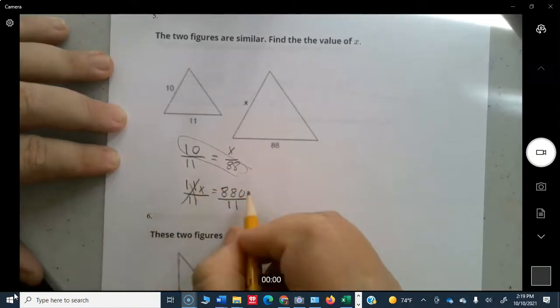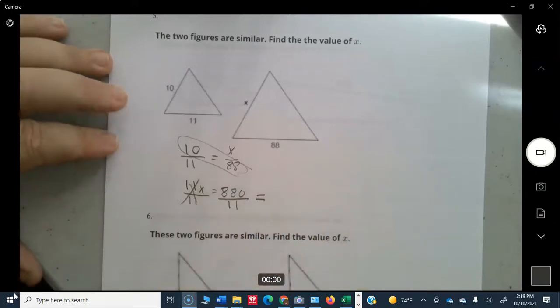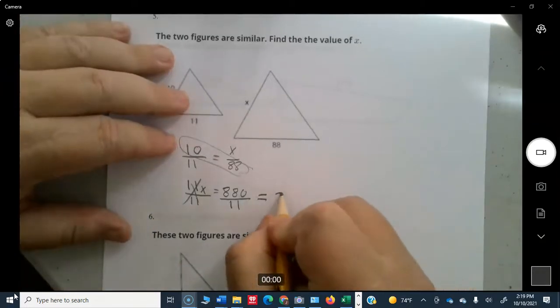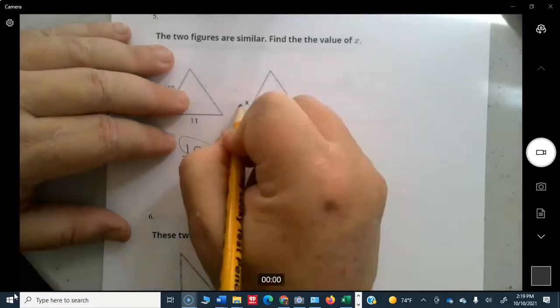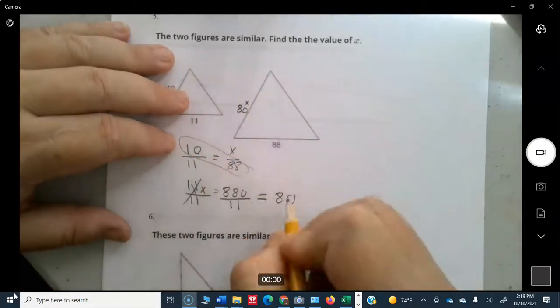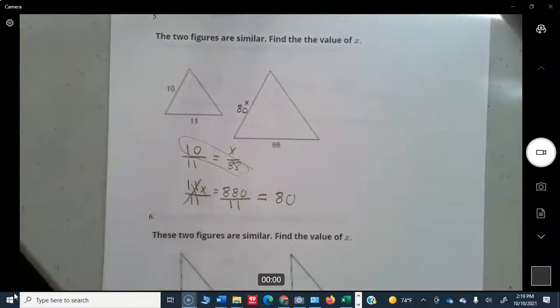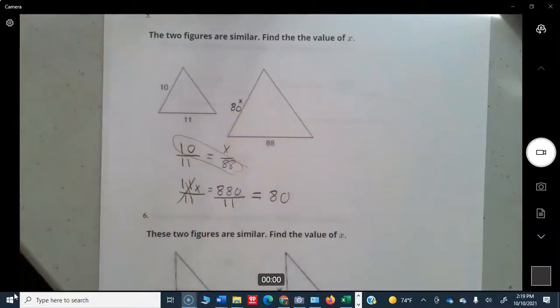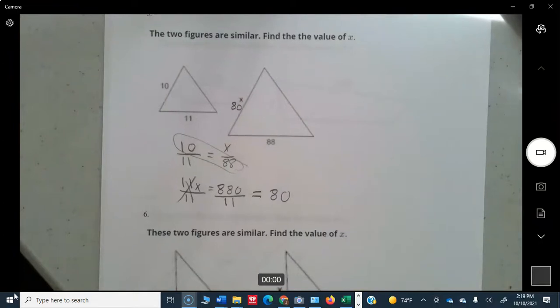These cancel, so you get x equals, that might take a calculator, and that gives you 80. So this is 80. I'd like to have you write the answer near the x, so you can visually see what that 80 means. It's that side over there.